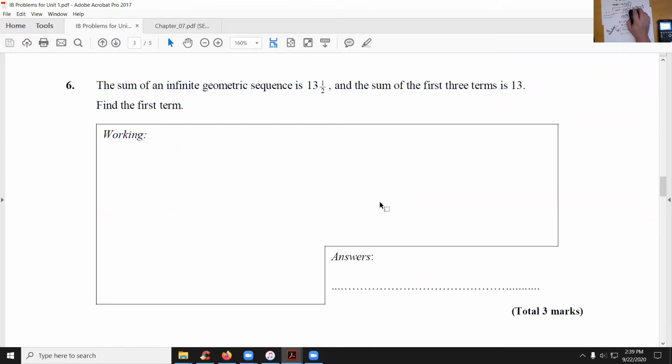So it's just the 3rd, 4th, and 5th pages. It's just 6 through 10. Now, we haven't done an infinite geometric sequence. We'll deal with that one next class, okay? But it's only one question, so you can do that over the weekend.